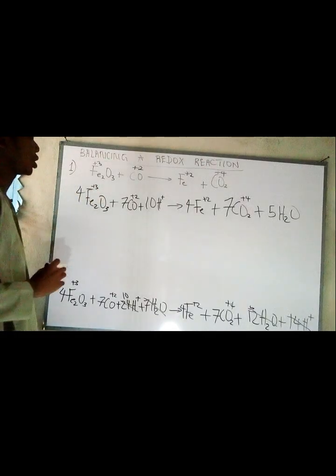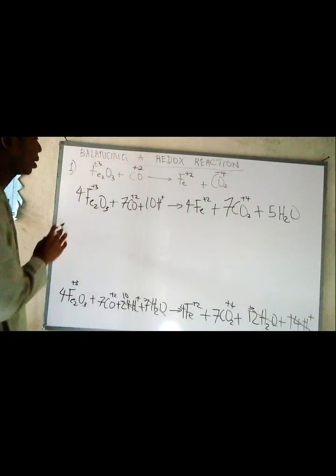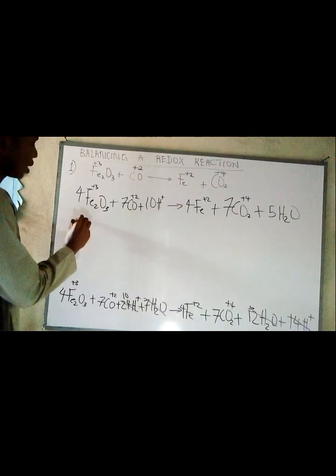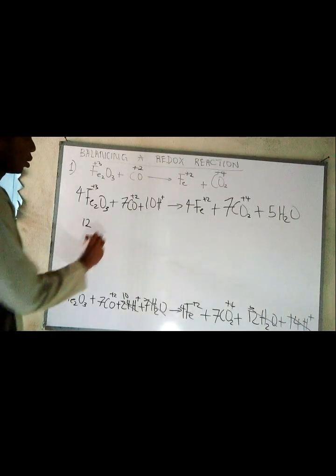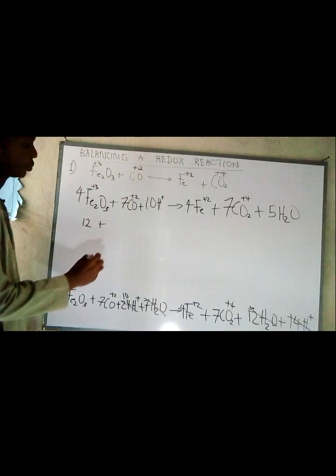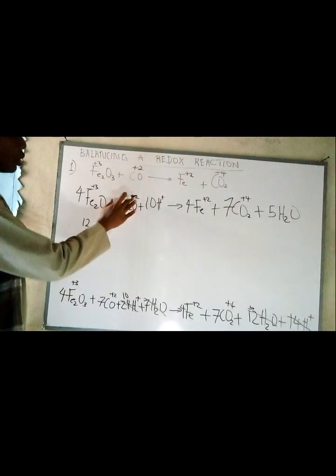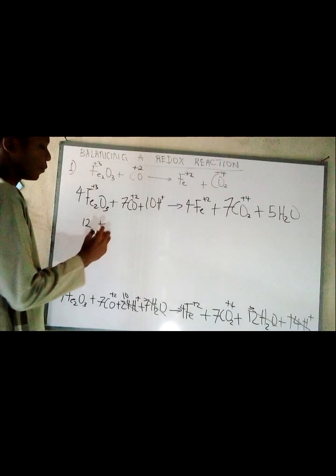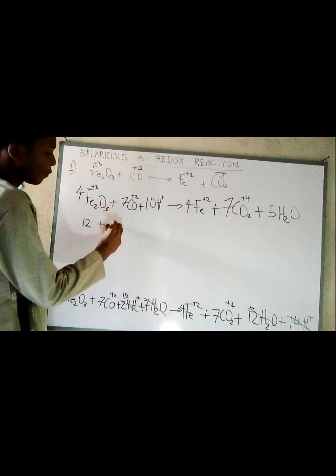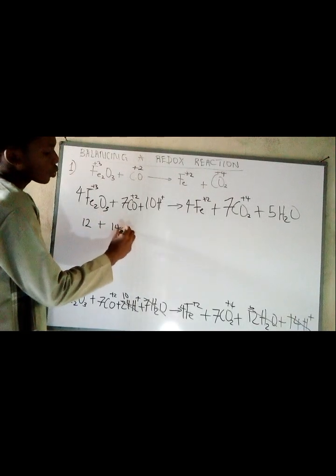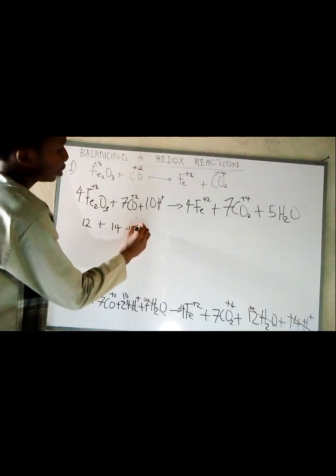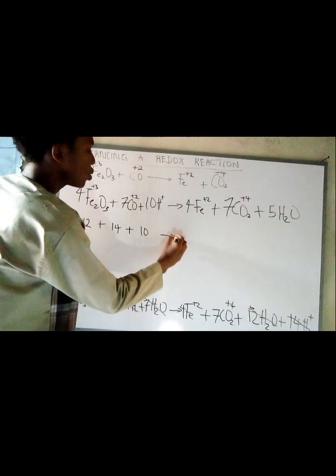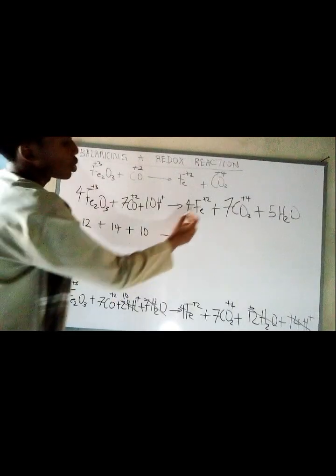Alright, so now let's count together. This charge here, plus 3 times this 4 moles, will now have what? We have 12. 12 now plus what? We have charge of plus 2 times this 7 moles here, we have 14, plus what? 10 here. So now let's go on to give us what?